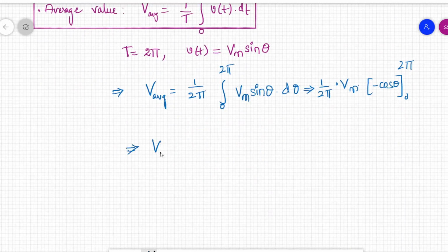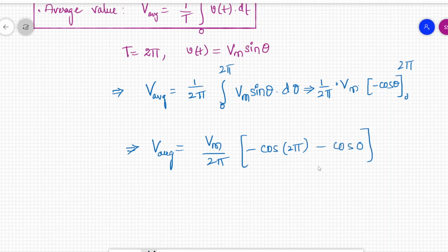That will become V average of the given waveform equals Vm by 2 pi times minus cos of 2 pi minus cos of 0. These are the limits, right? So what is cos n pi? Cos n pi is minus 1 power n. So for cos 2 pi, that is minus 1 power 2, that will be 1.